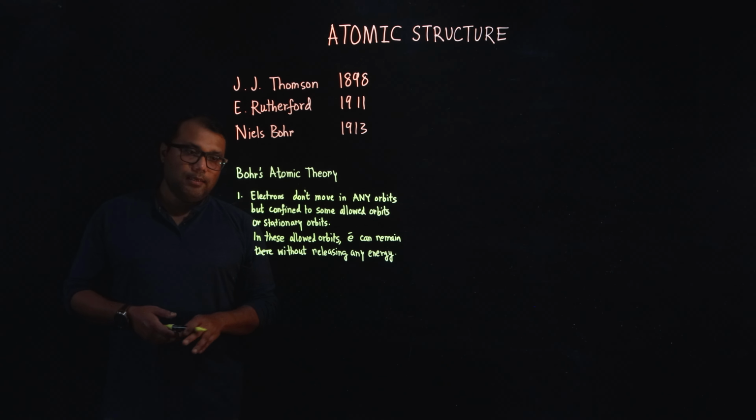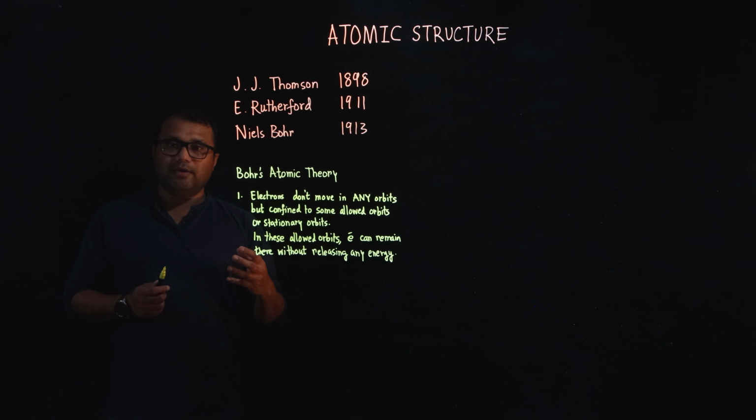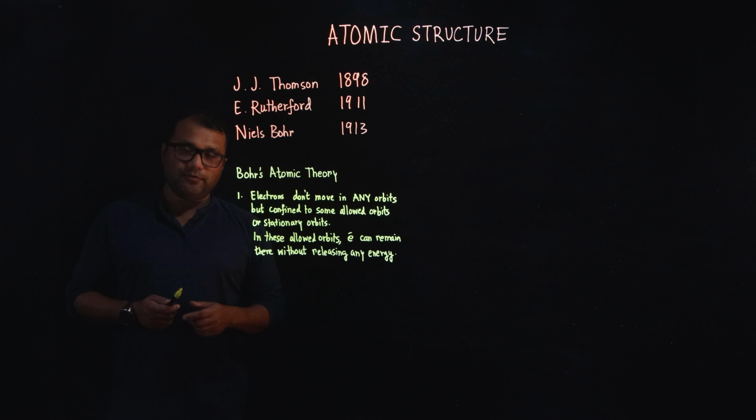So with that, he prevented the problem in Rutherford's model, where the electron quickly collapsed into the nucleus. Now he says that in those allowed orbits, the electron doesn't release any energy, therefore it maintains its energy and it can continue to be in that orbit.